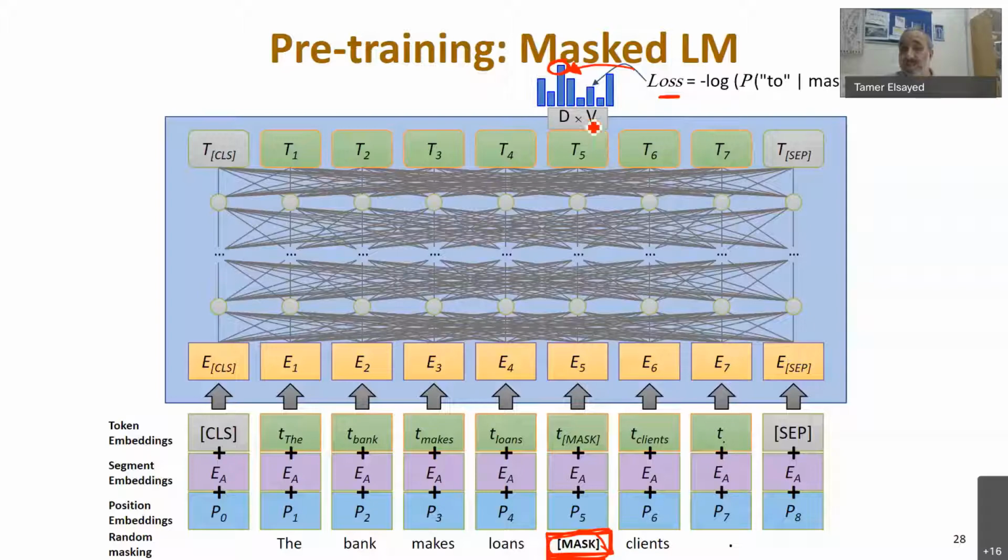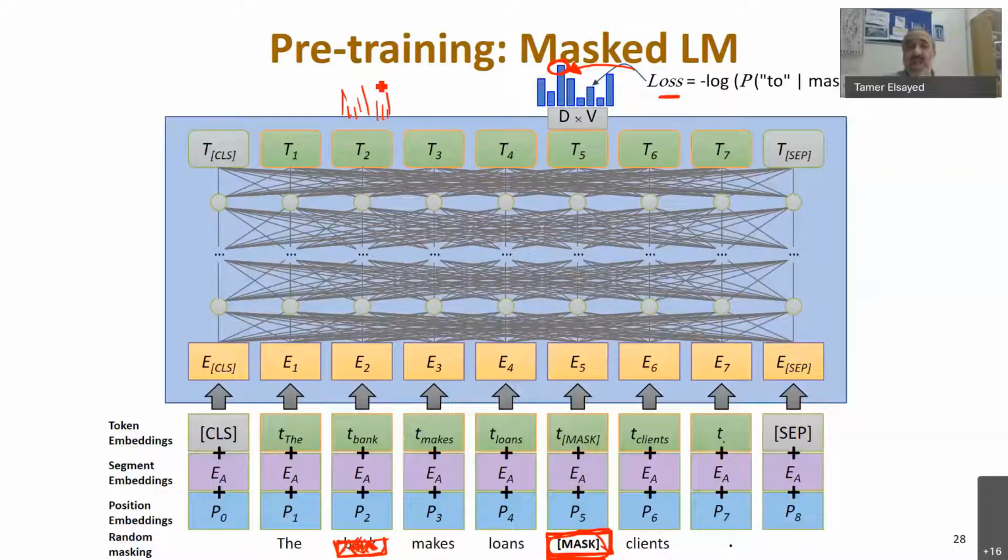And that will be done with every masked input. So if we mask this word also, if that word is not there, then we'll also have the distribution for this from the output layer for that token, and we also compute the loss.